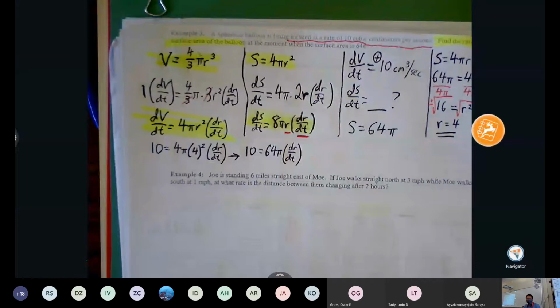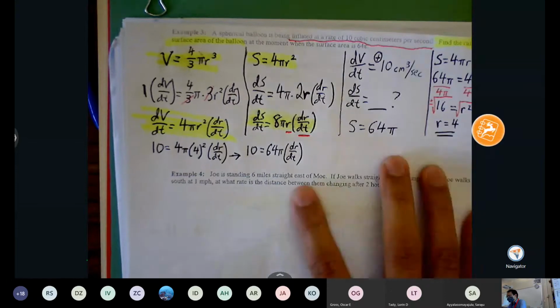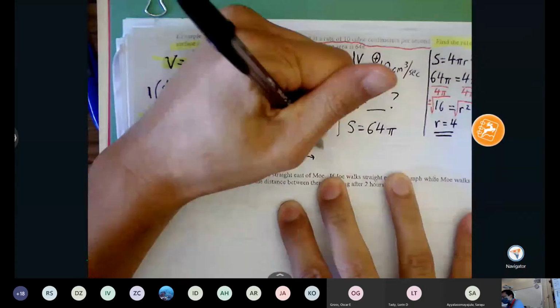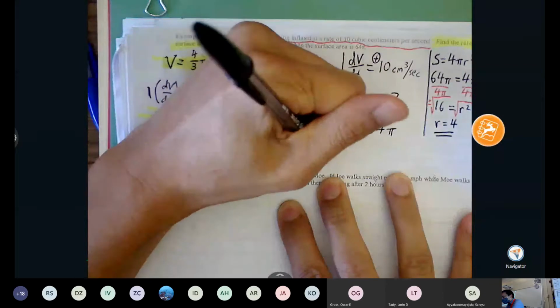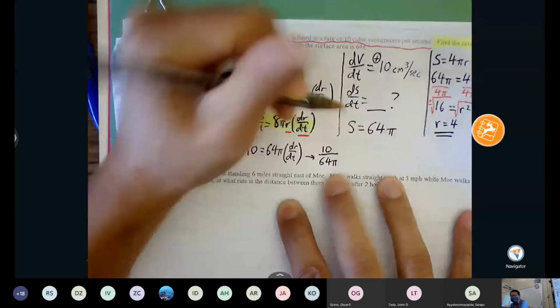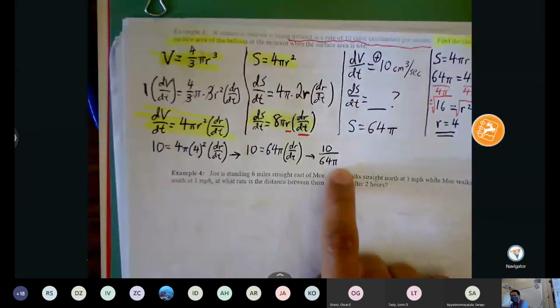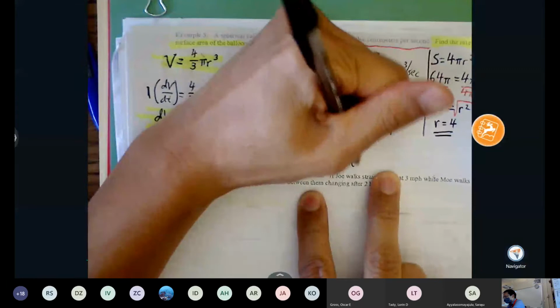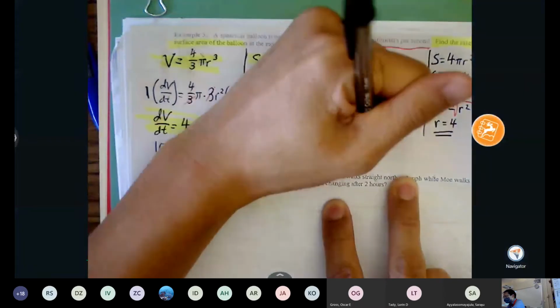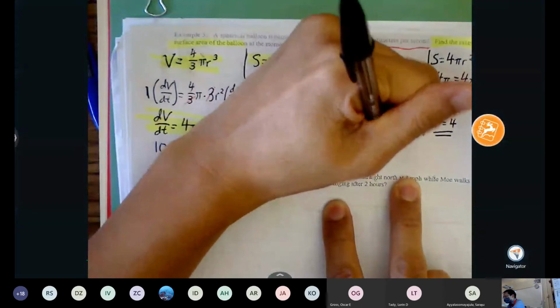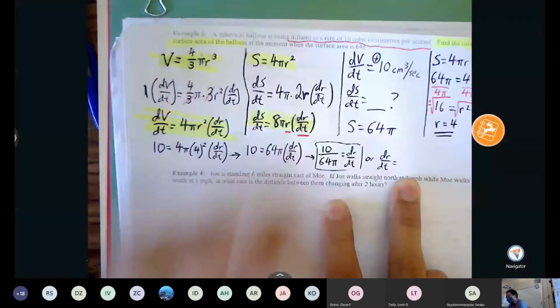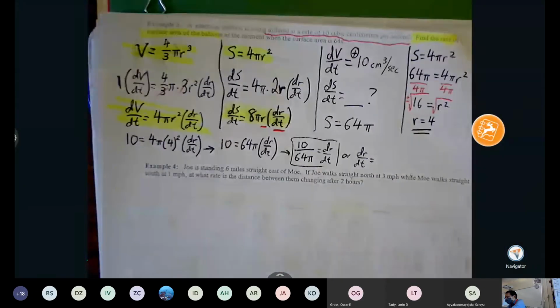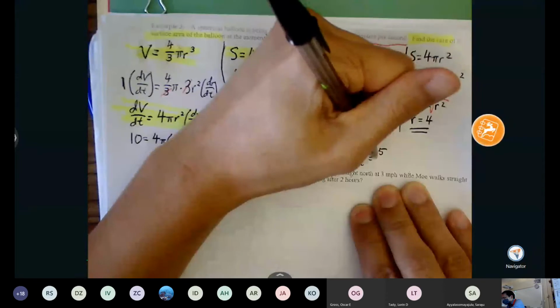And what can I do now to solve for dR/dt? Divide both sides by 64 pi. Good. You can leave it like this, or you can reduce it, but either way, we're going to hold on to that pi. I can take 2 from both 10 and 64 to make it 5 over 32 pi.